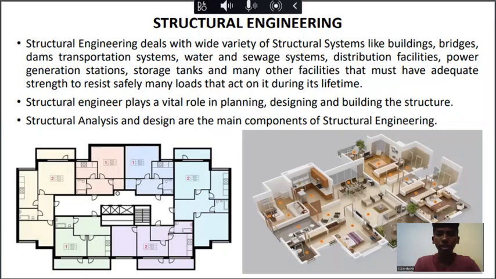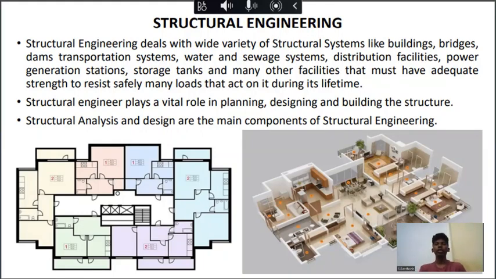So now let's see about structural engineering. Structural engineering deals with a wide variety of structural systems like buildings, bridges, dams, transportation systems, water and sewage systems, distribution facilities, power generation stations, storage tanks, and many other facilities that must have adequate strength to resist safely the many loads that act on them during their lifetime.